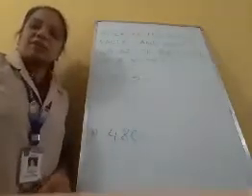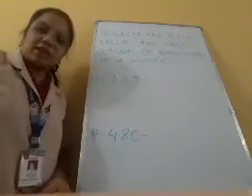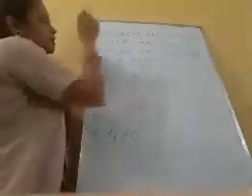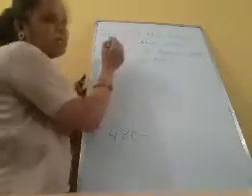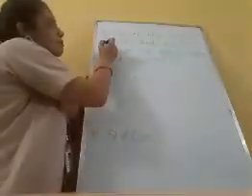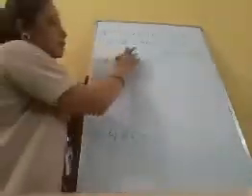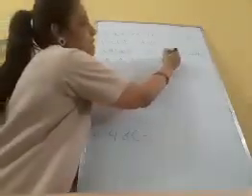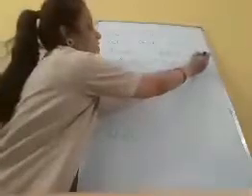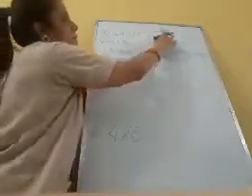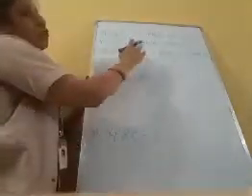Okay, now let us learn place value and face value by doing this sum. Your question is: write the place value and face value of each digit in a number.